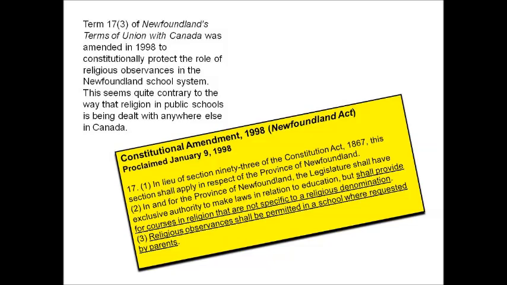All right. So, in other words, now they're contemplating having just generic courses, right? So the people who live in Newfoundland can learn all about all the different religions, not just those 7, but also Buddhism and Hinduism and all the different religions from around the world. And also, this is cool too: religious observances shall be permitted in a school where requested by parents.